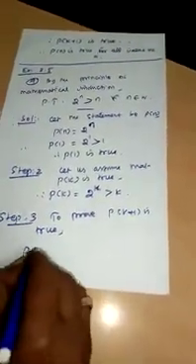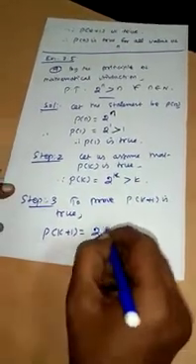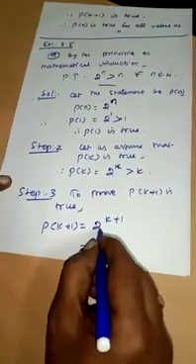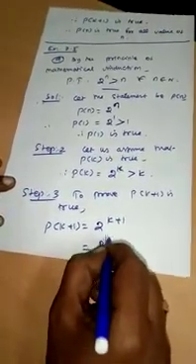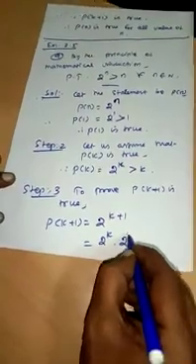Pk plus 1 is equal to 2 power k plus 1. That is equal to, we can change this as 2 power k into 2.